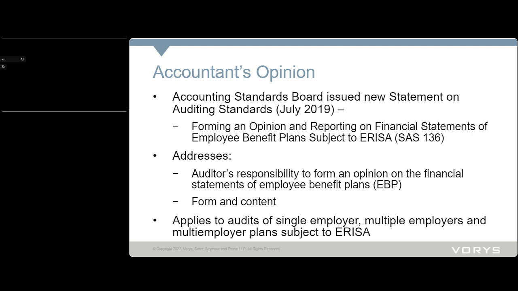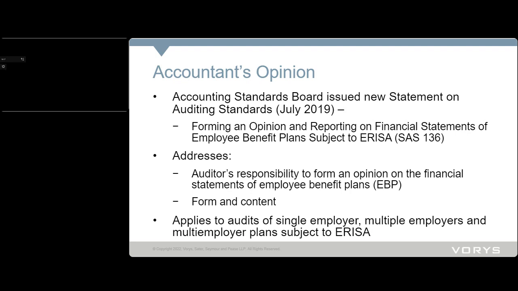SAS 136 is the official designation. It addresses the auditor's responsibility to form an opinion on the financial statements of employee benefit plans, and also changes the form and content of what the auditing statement looks like now.